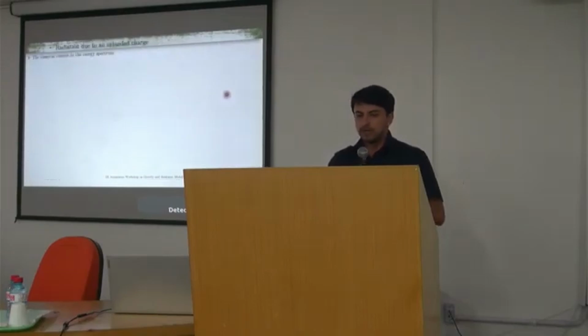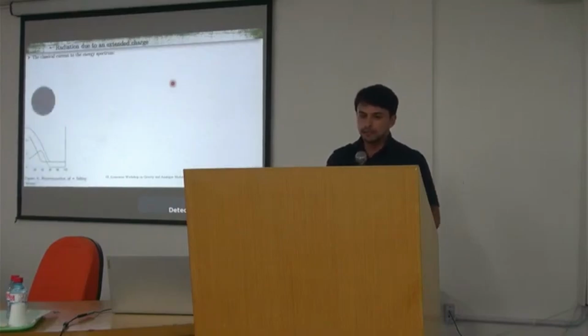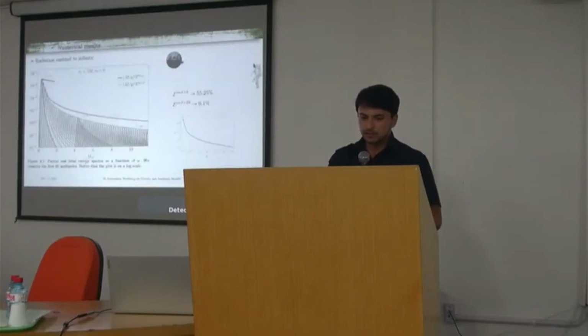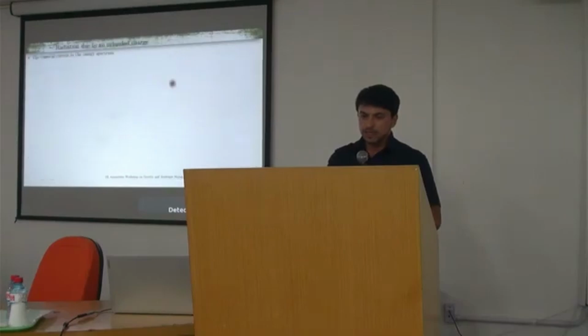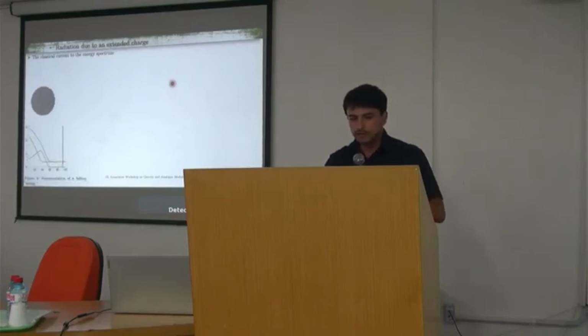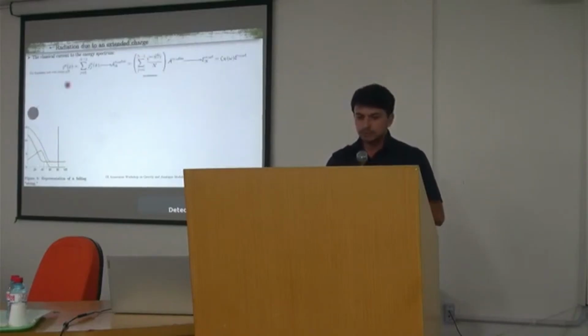Now, the point-particle model that we are using has some problems. For example, it introduces high frequencies into the problem, and when we consider the structure of the charge, these high frequencies are cut off. We can get some insights into this by considering, for example, the case where the charge is a string that is falling into the black hole. This string is composed of n non-interacting particles, each with charge Q over n.